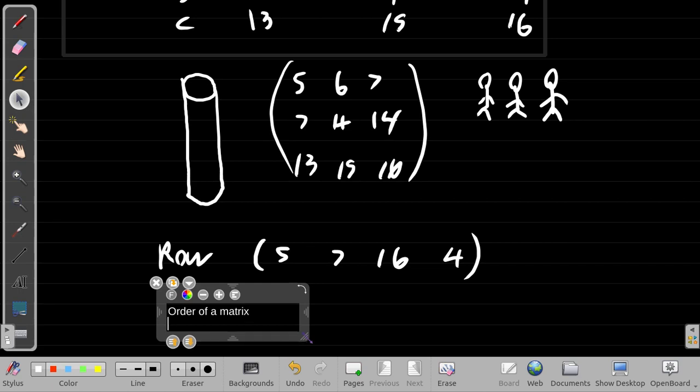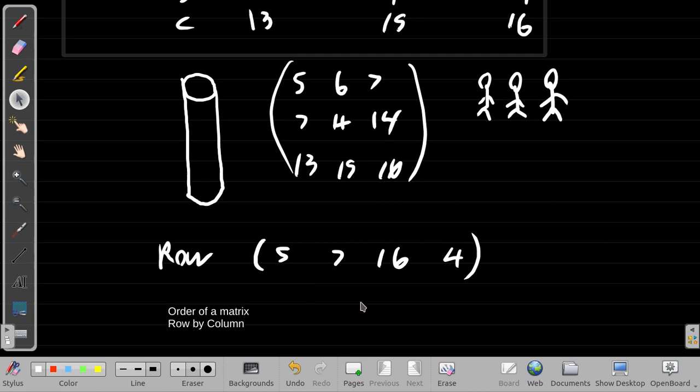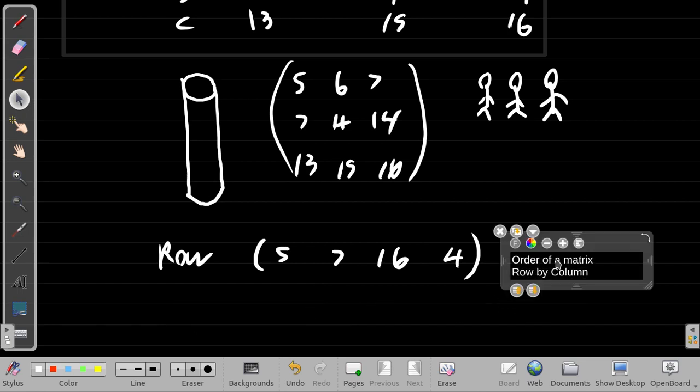The way they write it is row by column. So when you talk about the order of a matrix, you say how many rows by how many columns.